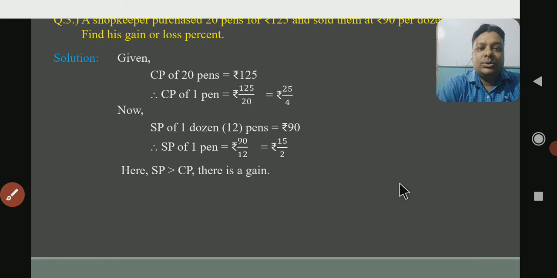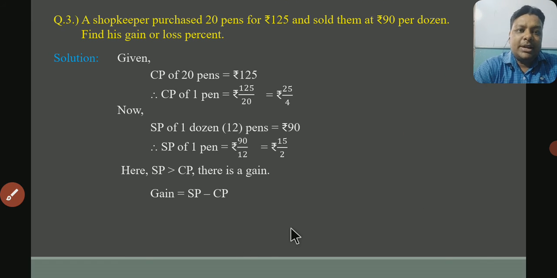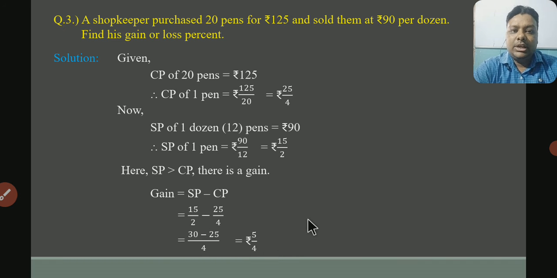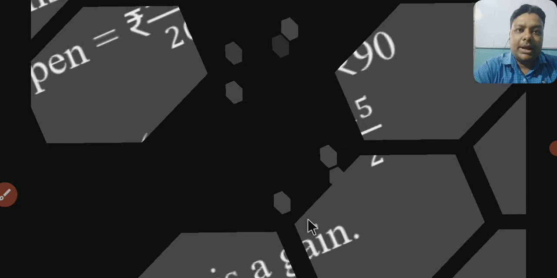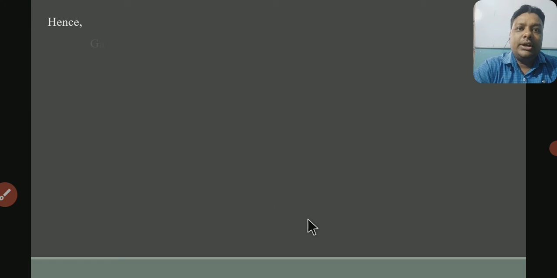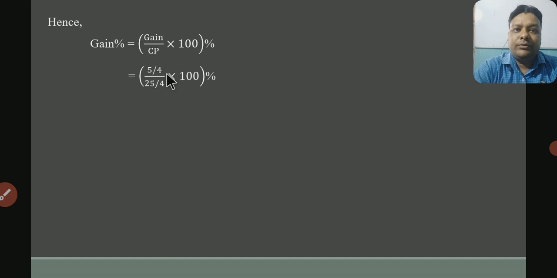Okay, so now let's find the gain. SP minus CP, 15 by 2 minus 25 by 4. LCM 4. Then 30 minus 25, it will be 5 by 4. Rupees 5 by 4 is the gain. We know the gain. The gain percent we can find by applying the gain percent formula. So gain percent equals gain by CP into 100%. Gain is 5 by 4, CP is 25 by 4, into 100.